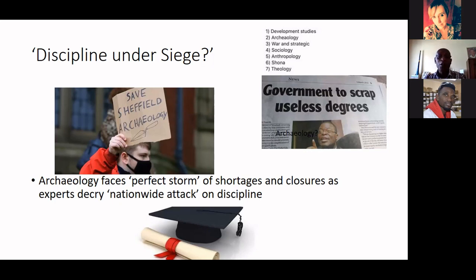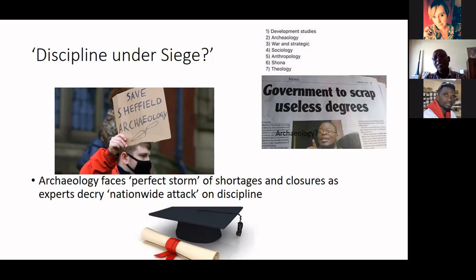And recently we have been talking about the situation even outside Southern Africa, outside Africa, especially in the United Kingdom, with the situation at the University of Sheffield. And again, one of the headlines in the newspapers emphasized on the fact that archaeology was facing a perfect storm of shortages and closures, and that every expert was really decrying the nationwide attack on the discipline.